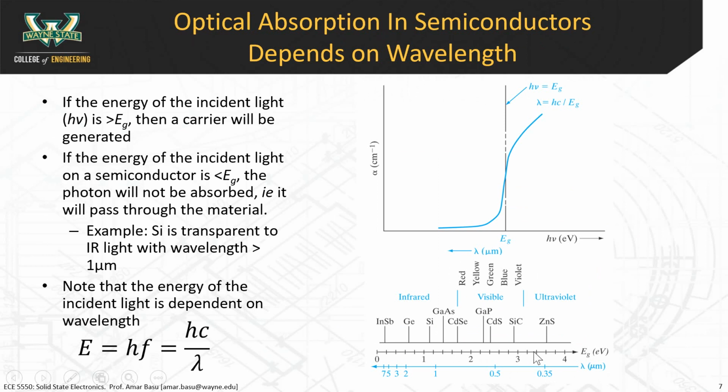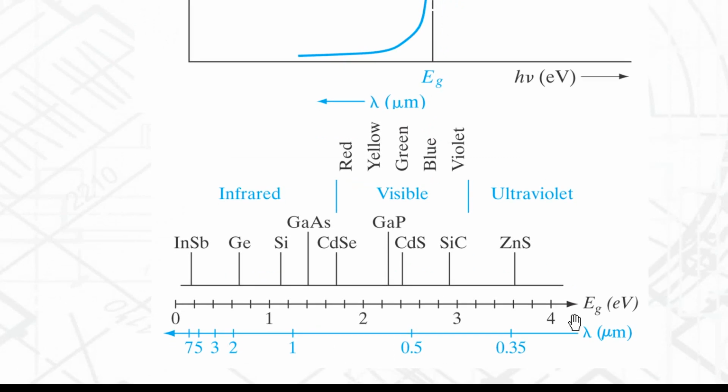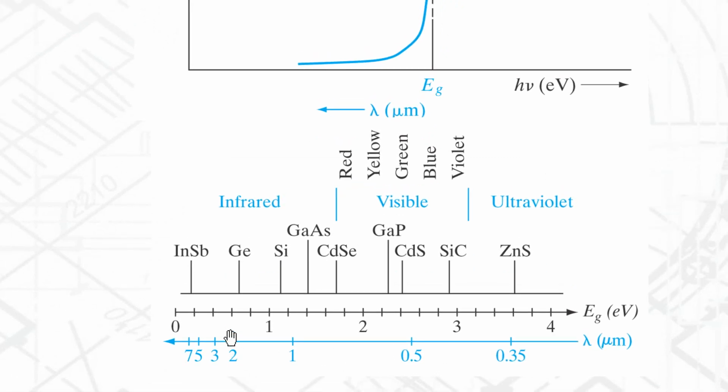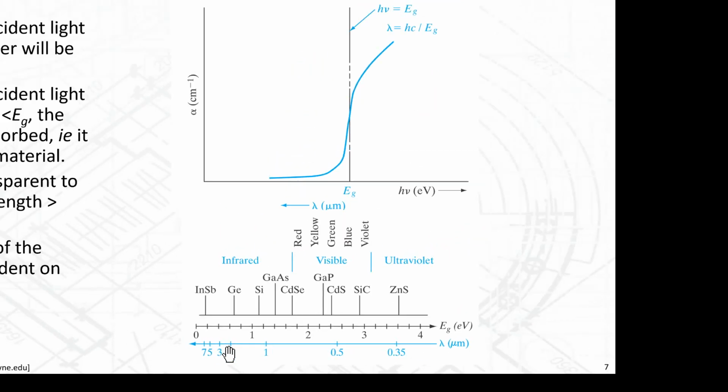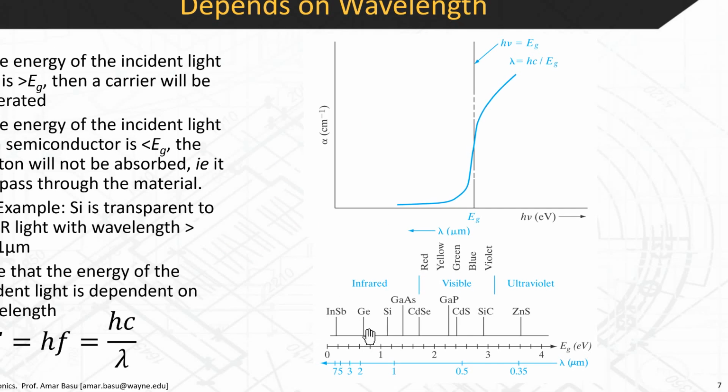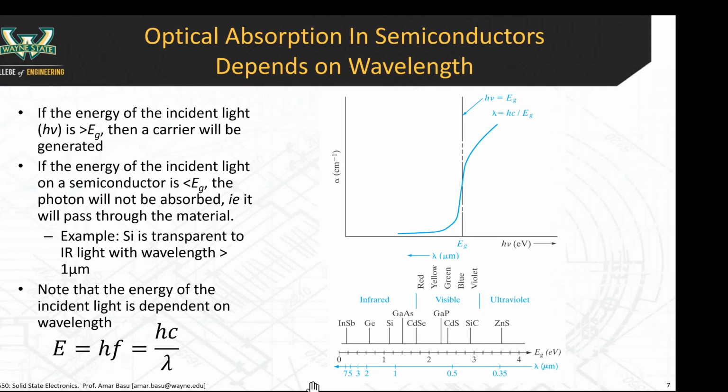If I want to detect a 2 micron wavelength, which of these semiconductors is going to be able to detect a 2 micron wavelength? Exactly. You got it. You got it.